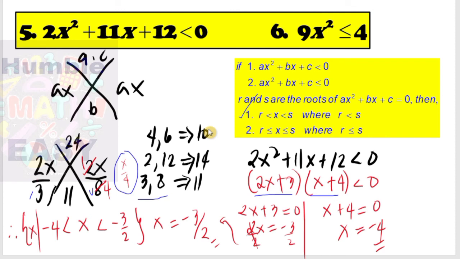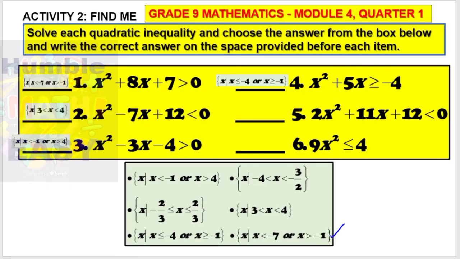So the set of all x is that x is greater than negative 4 but less than negative 3 over 2. This one is the answer.